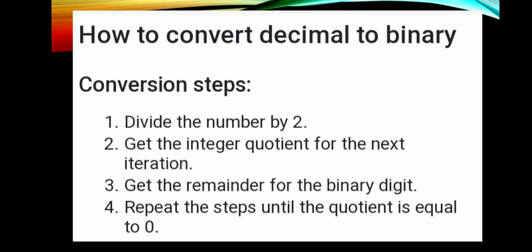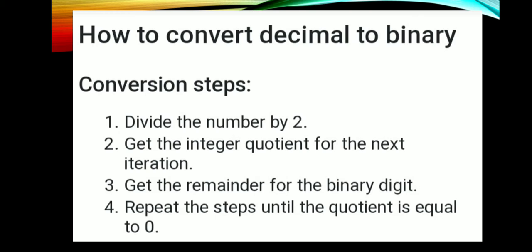Now in the second step, get the integer quotient for the next iteration. Integer quotient, which means that I need a whole number. Okay, I don't need fraction. So you should keep, in each and every step, the quotient and the remainder separately, so that the quotient in the first step will be again divided by number 2.